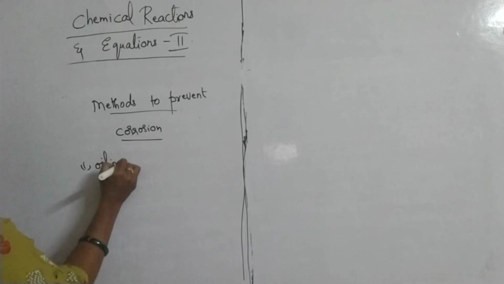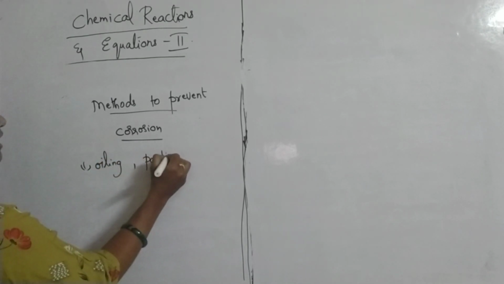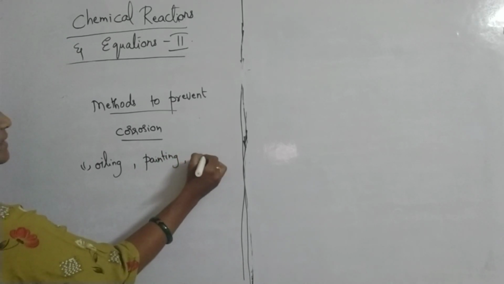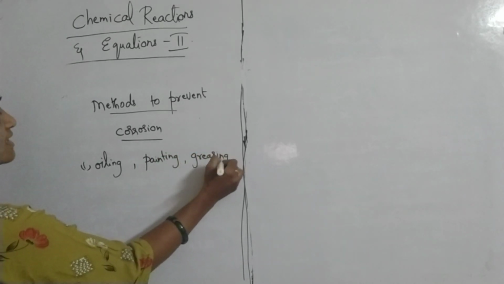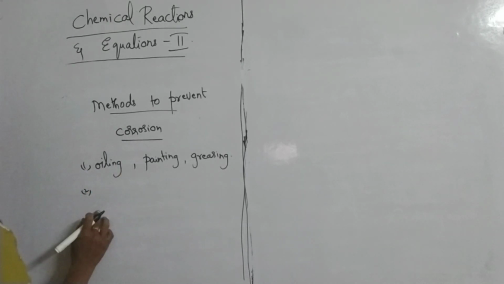All these are general normal methods. You apply grease so that corrosion gets reduced. So these are the general methods.